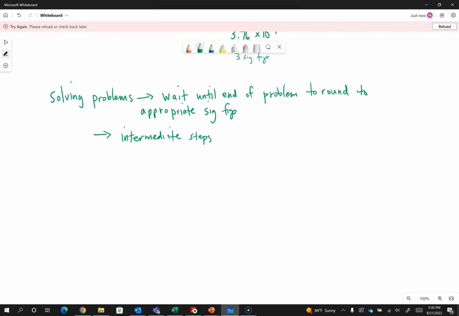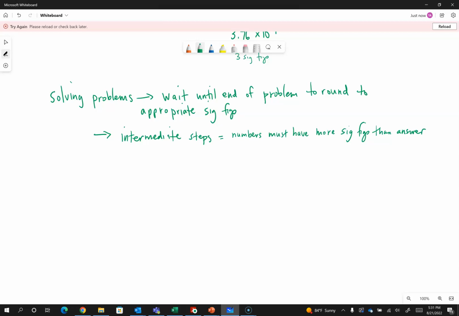Meaning if you had to solve for time and then you had to use time to find a distance, the numbers must have more sig figs than the answer. You can never be more accurate than your whatever number is rounded the most.